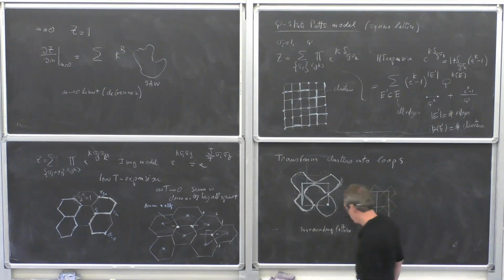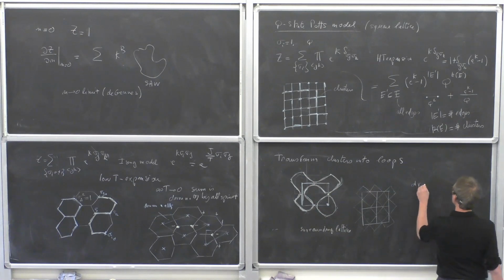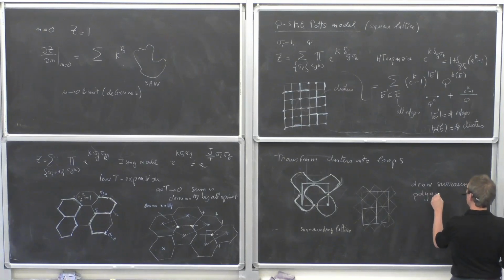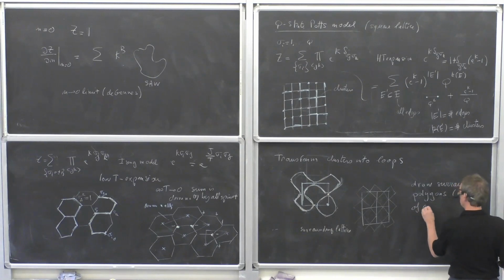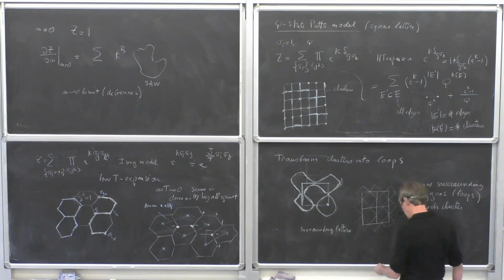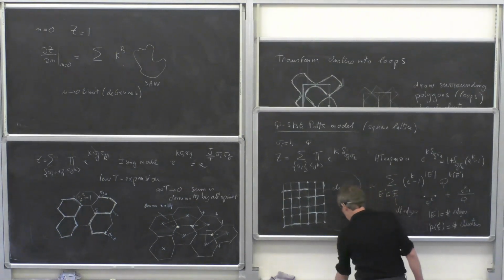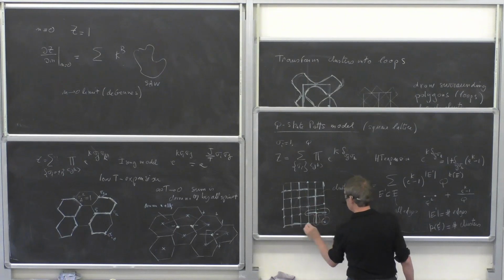You just draw the surrounding polygons around your clusters. I call them polygons, but then you've all seen that they are self-avoiding mutually avoiding loops. So the fact that it is drawn on the medial lattice and so on is of interest to graph theorists, but for us, there's really nothing to worry about. All we do is we draw these guys.